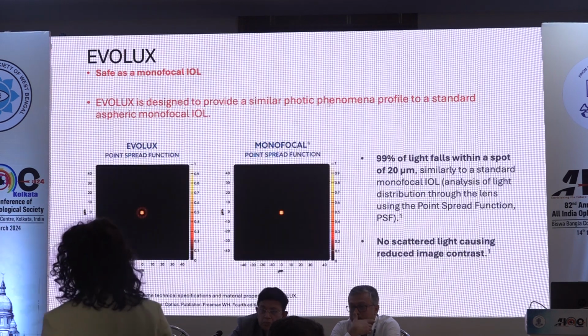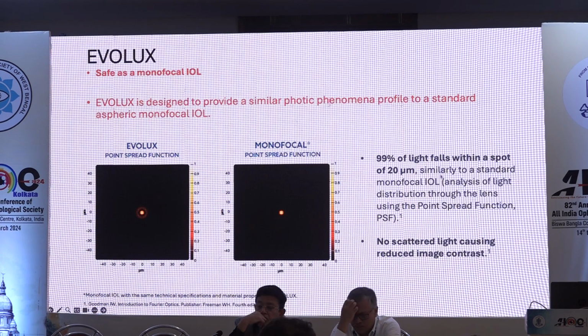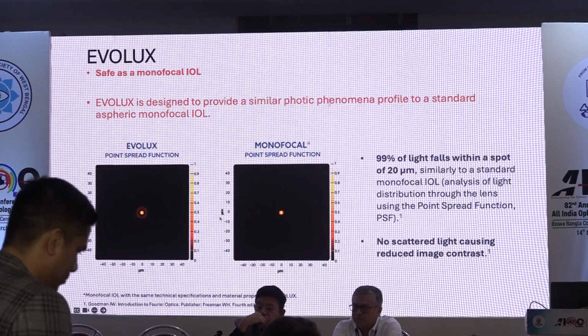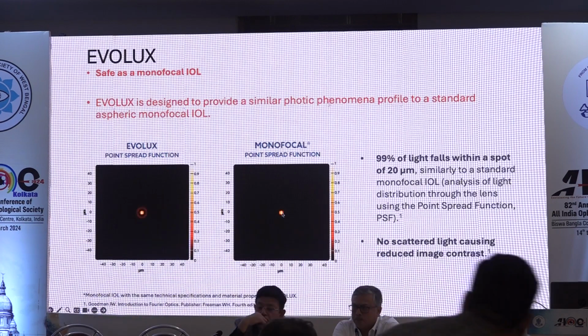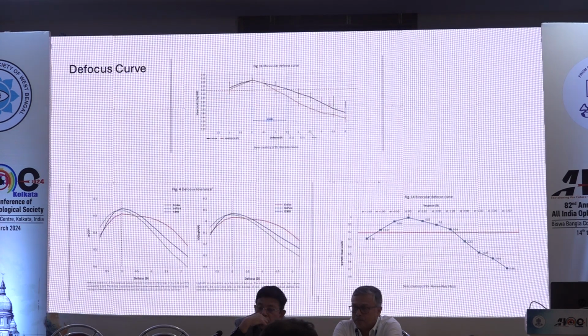If you look at the point spread function, 99% falls within a spot of 20 micron, similar to a standard monofocal IOL. There is some kind of diffraction compared to standard monofocal vision, but it will not hamper your driving and other day-to-day activity.